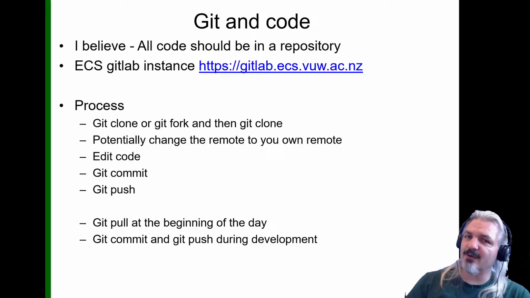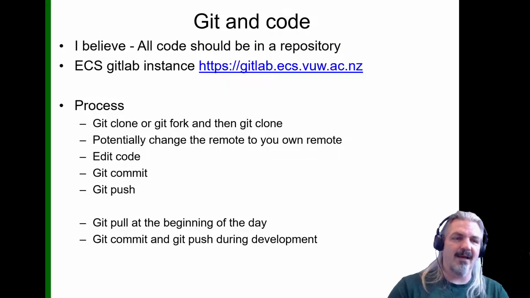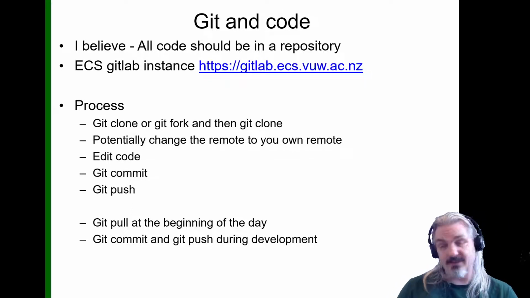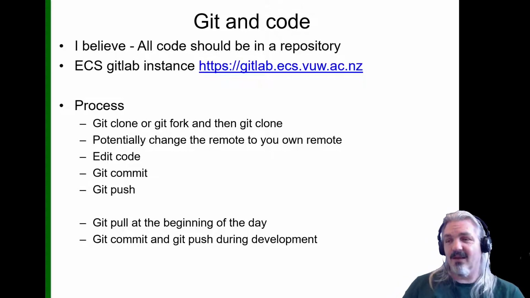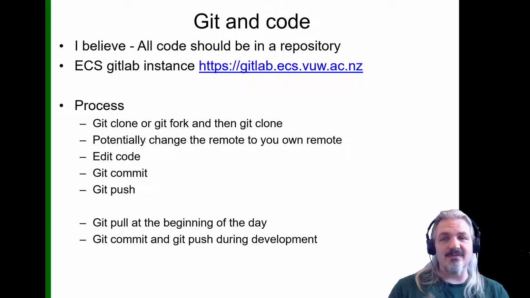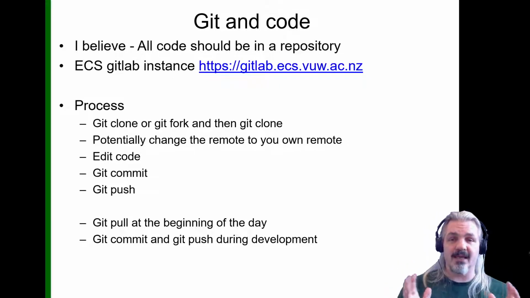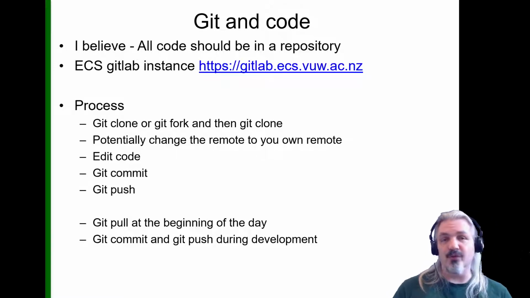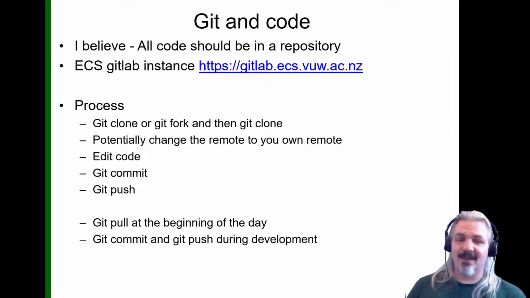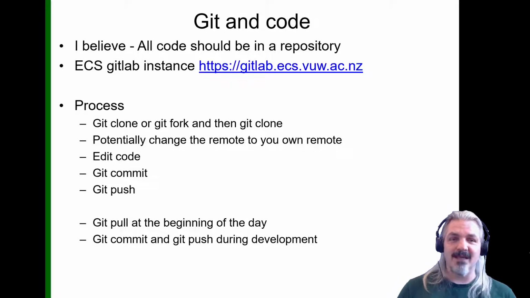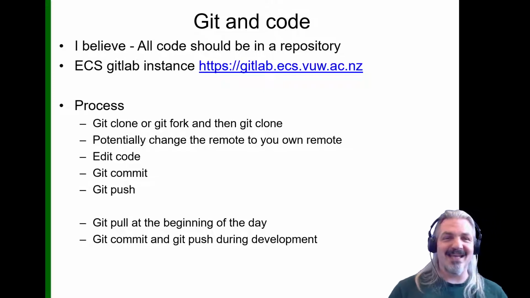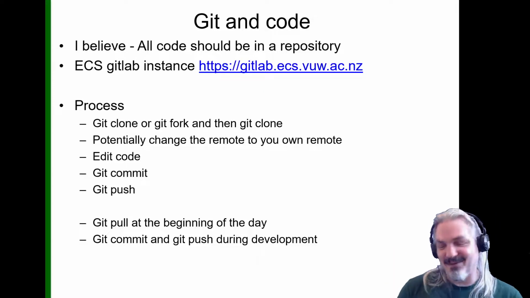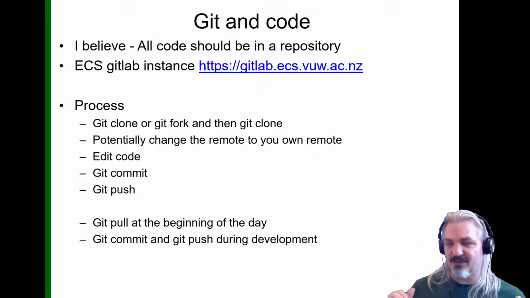Okay, so this is also an ethical point of view here. Now, I know I am not the majority in this opinion, but I believe that all code should be in a repository. I don't believe you should ever have code that is nude, that is running around naked with no protection. All code, like PPE, should be protected. And so you should have it in a repository.